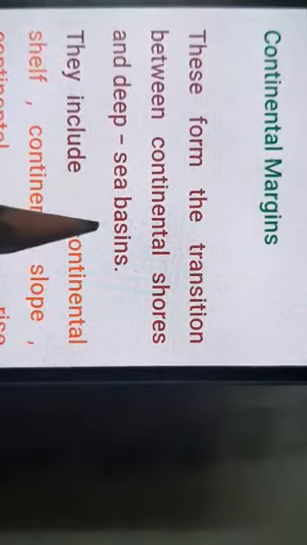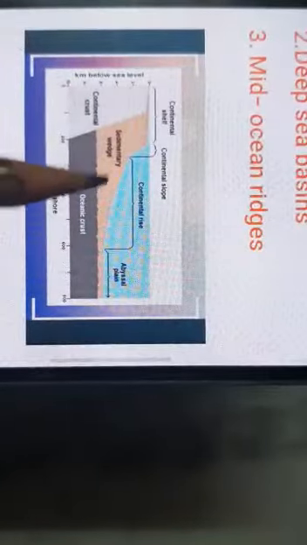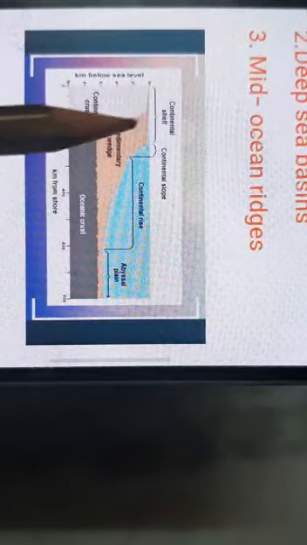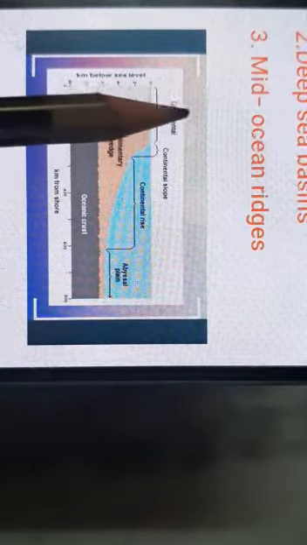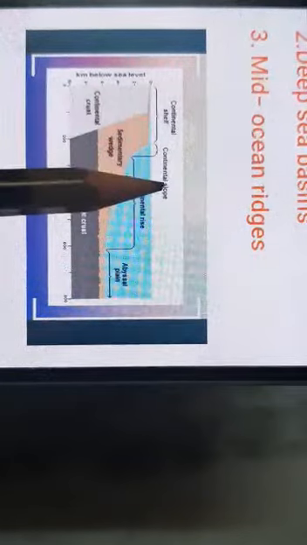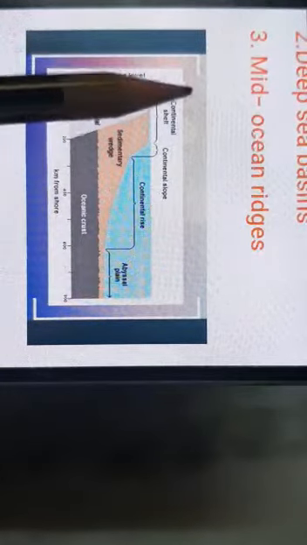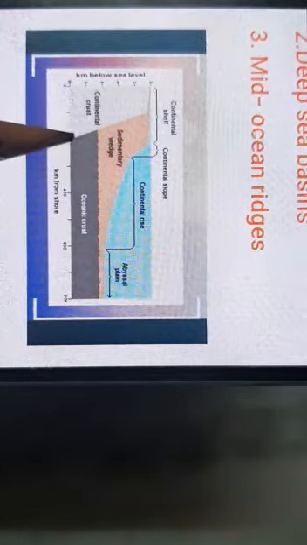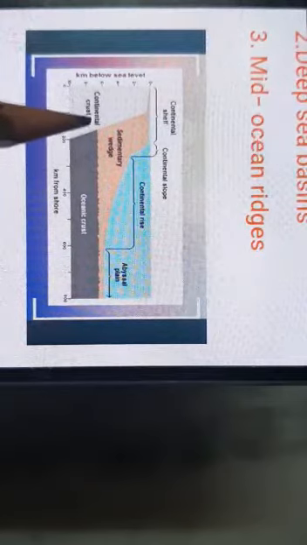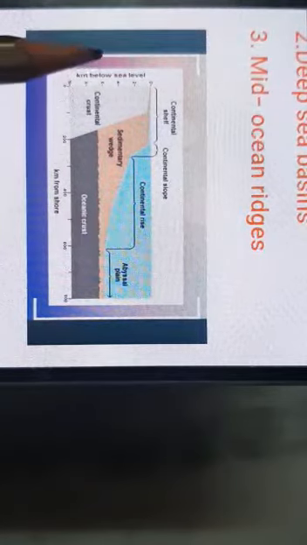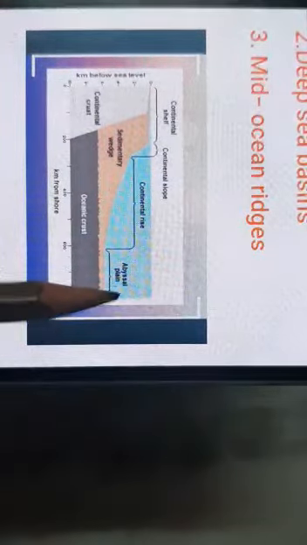As I explained in this diagram, the continent margin basically includes the entire continent shelf, slope and rise. So basically this is the transition between the continent and the deep sea basins.